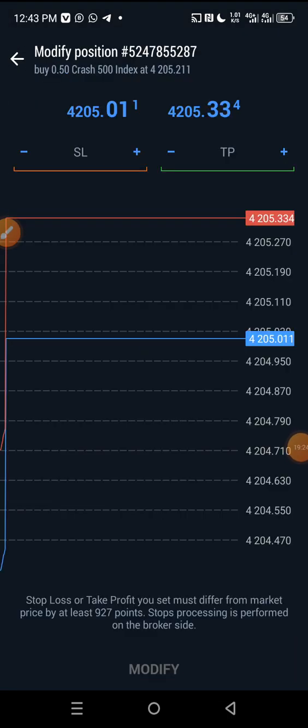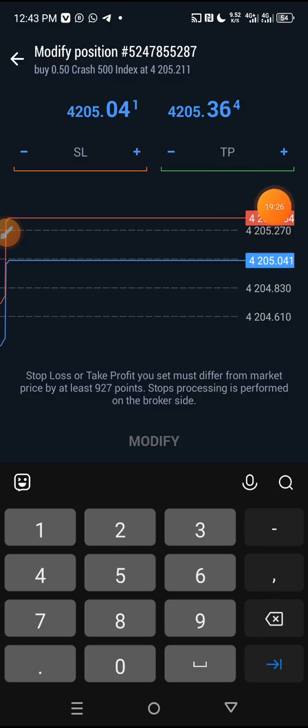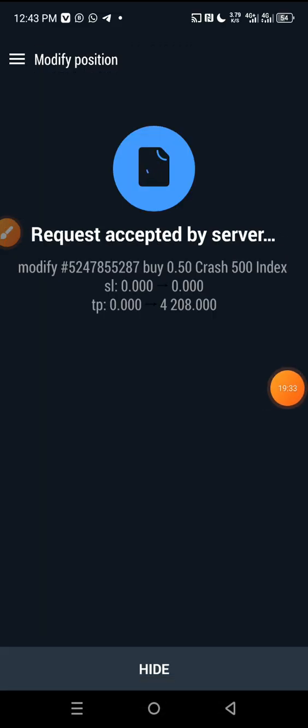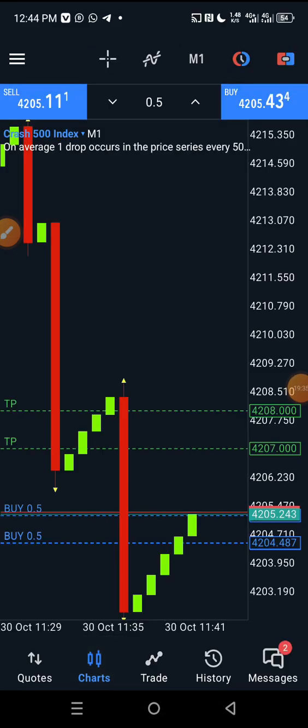Modify position, TP 42.08. Okay, you now click on modify. You can see now we have two kinds of TP. The first TP was 42.07, then the other one was 42.08, one pip different.